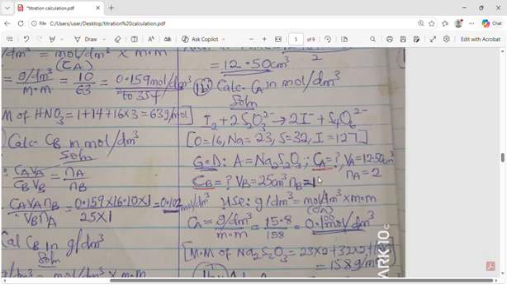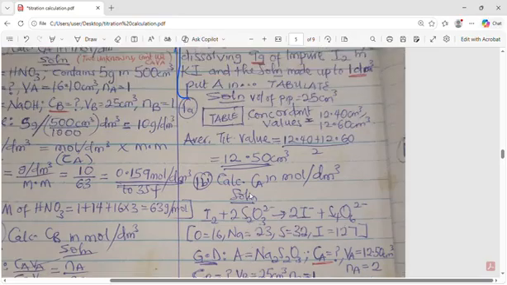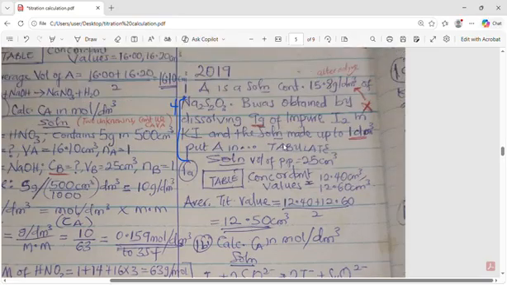I will use grams per dm cube, which is moles per dm cube times molar mass. So if I want to get my Ca, I will take the grams per dm cube that is given for A. Let's come back to this place. There was a mistake there, something was not written out.